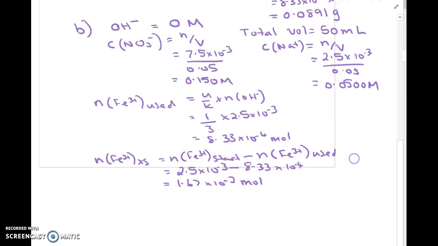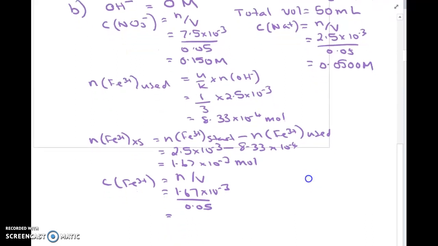Last step, the concentration of the iron 3 is equal to number of moles over volume, which is 1.67 by 10 to the negative 3 divided by 0.05, and this comes out to be 0.0333 moles per litre to 3 significant figures. And voila, it's all done.